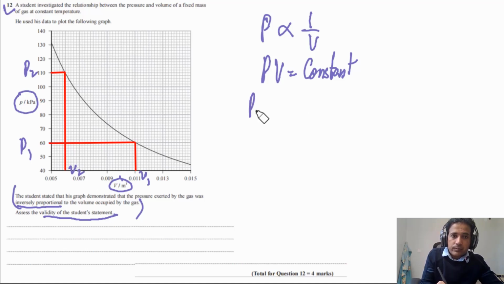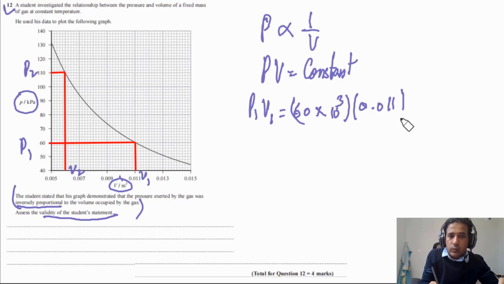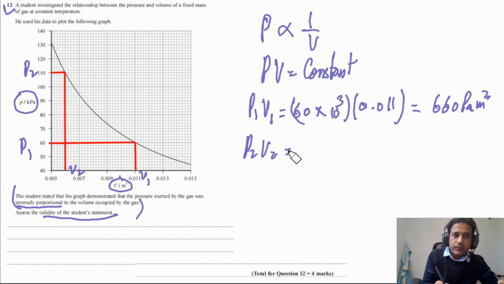So first of all, P1 V1. The value of P1 is 60 kilopascal, so we can say this is 60 times 10 to 3, and the volume is 0.011. If we multiply this one, we will get about 660 pascal cubic meter. And now we can check P2 V2 as well. So here we have 110 kilopascals, and we need to multiply with the value of V from here.